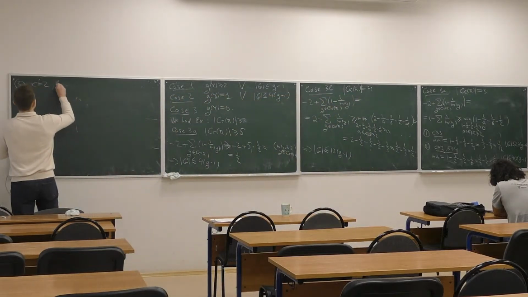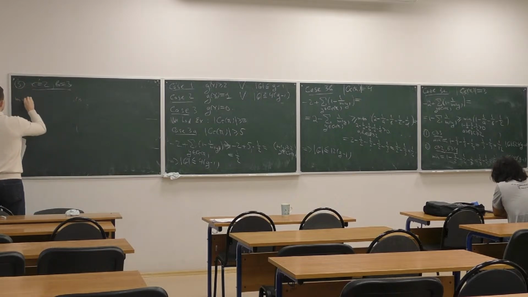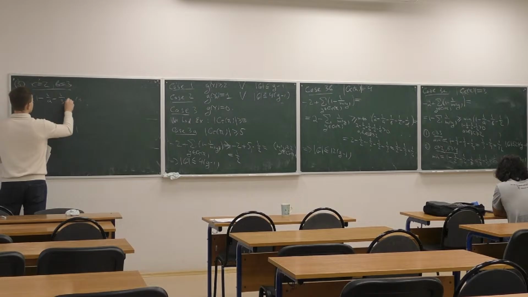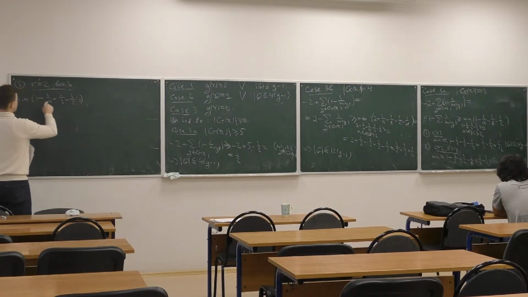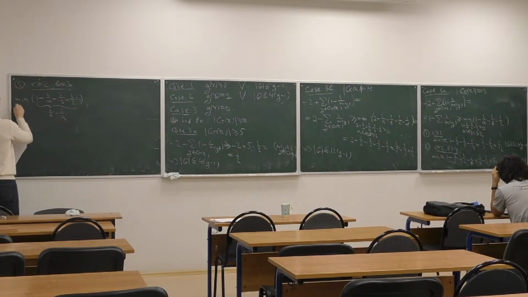So B equals 3. Okay, then you just have to find the minimum of these expressions. 1 minus 1/a minus 1/3 minus 1/2. This is equal to 1/6 minus 1/a. And then you have to have the condition 1/6 minus 1/a is greater than 0.